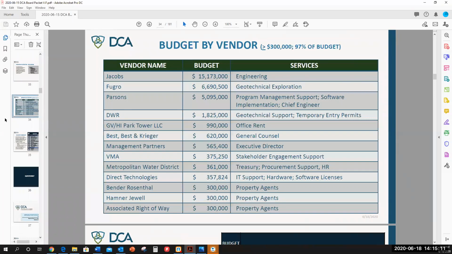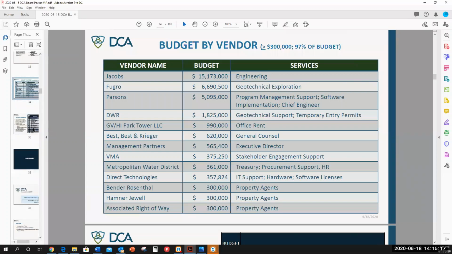So this slide includes a list of all of the vendors with allocated funding in our budget over $300,000, and that represents about 97% of our budget. And there's 13 vendors on this list with expected task orders or contracts over 300,000.